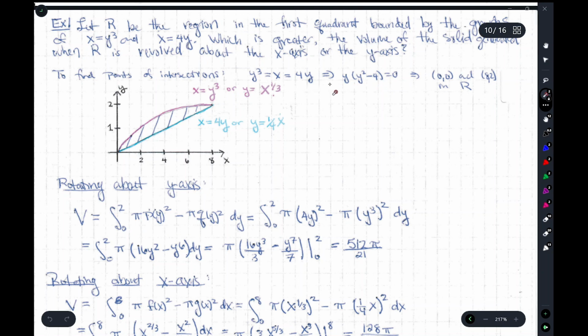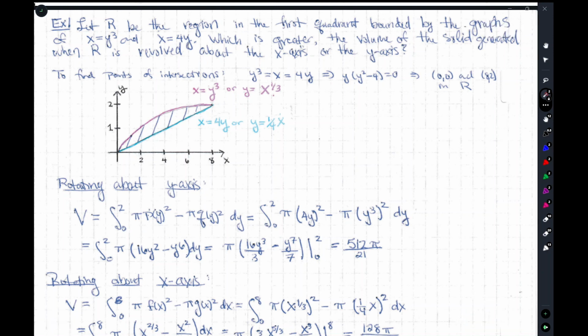If you find the corresponding x, the one that corresponds to y equals 0 is 0, and the one that corresponds to y equals 2 is x equals 8. So this point here is 8, 2, meaning x equals 8, y equals 2, and this point here is 0, 0.